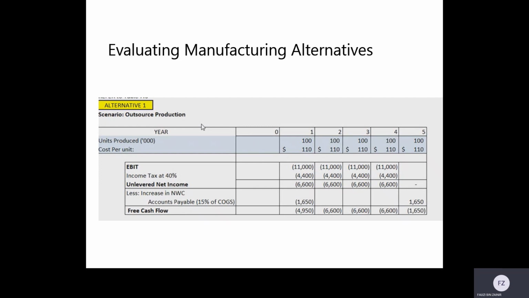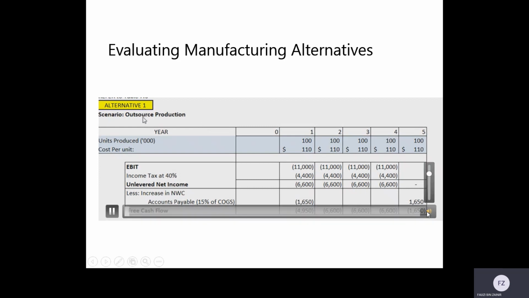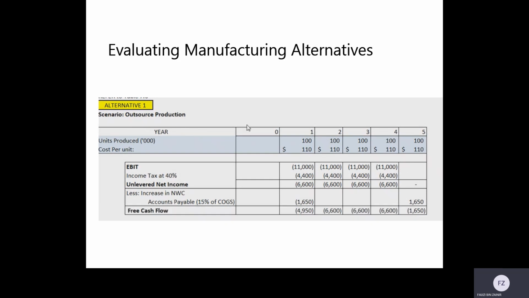In our Excel spreadsheet, the scenario is outsourced production, and here we can see how we derive all those figures. You have units produced and the cost per unit. Year zero is irrelevant because we outsource it, so we are not investing.